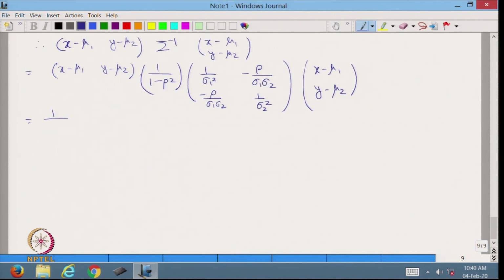Now, we are multiplying this with this and adding up.